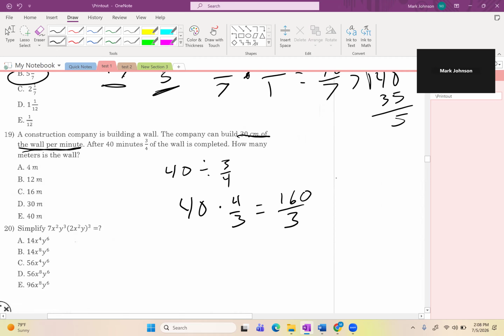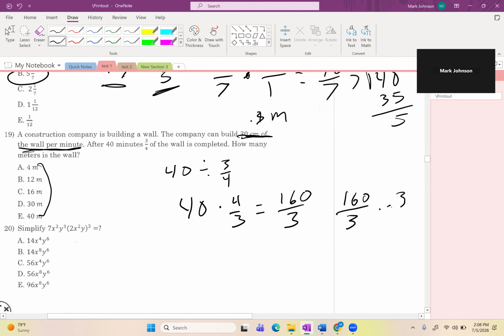So we'll do 160 over 3 times 30 centimeters per minute. So the answer is in meters, so we want to change 30 centimeters to meters. So it's going to be 0.3 meters. So I'm going to multiply this by 0.3.